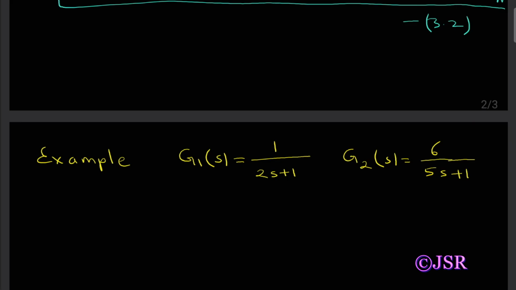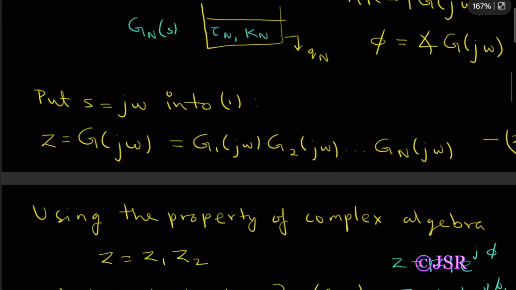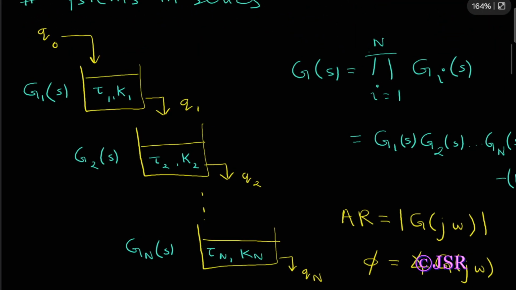So G1 is 1 upon 2 S plus 1, and G2 is 6 upon 5 S plus 1.